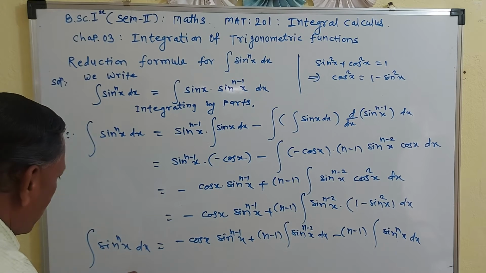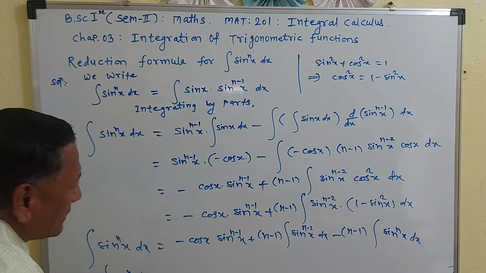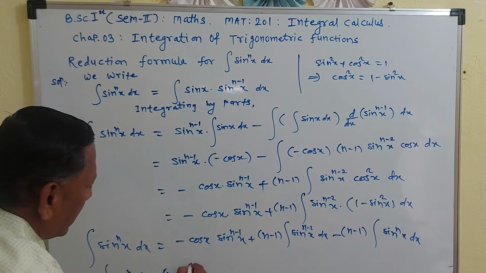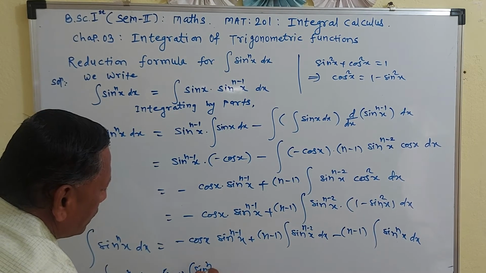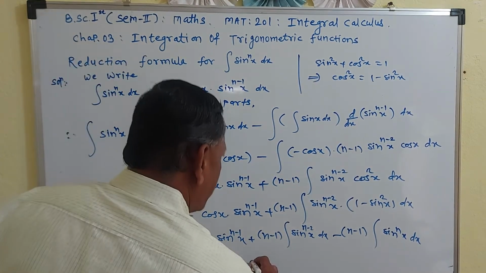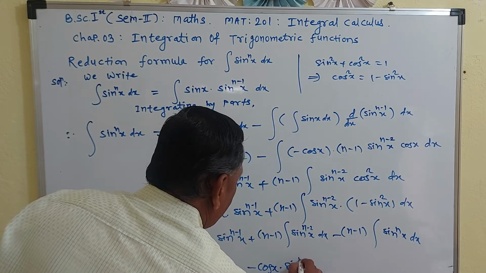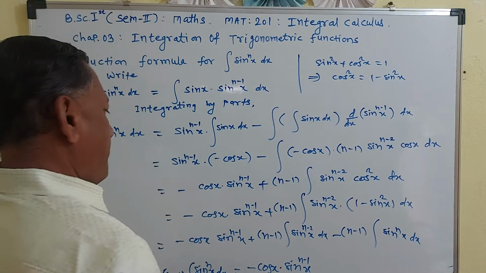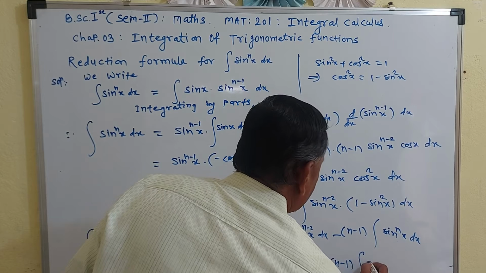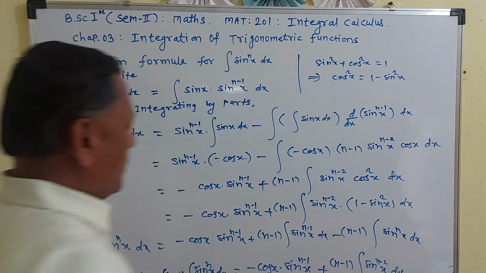Therefore you have integration of sin raised to n x dx, then minus becomes plus n minus 1 into integration of sin raised to n x dx is equal to, so remaining terms you write, minus cos x into sin raised to n minus 1 x, then plus n minus 1 into integration of sin raised to n minus 2 x dx.